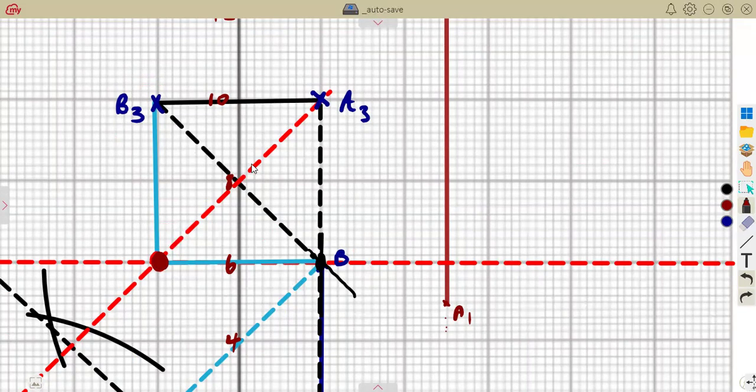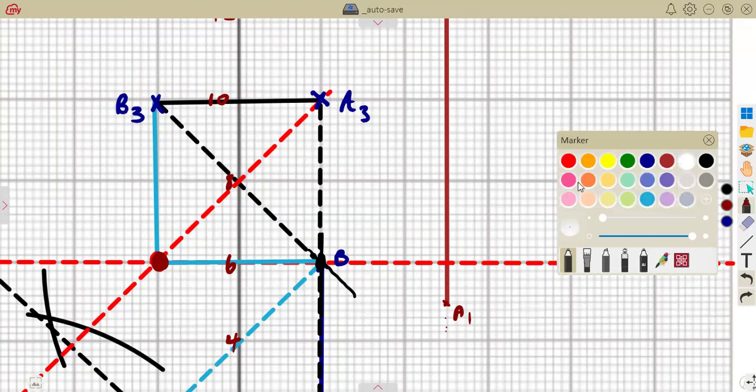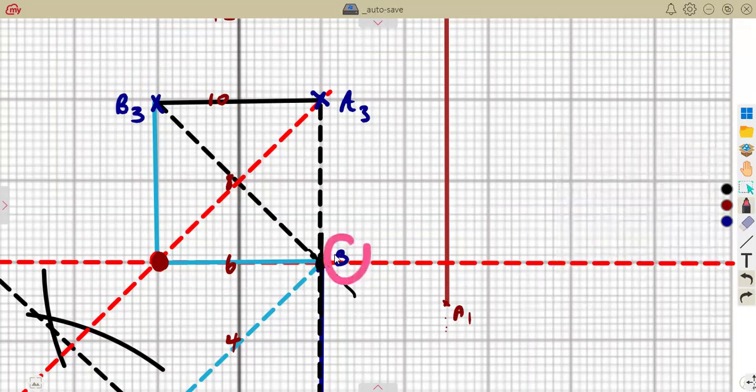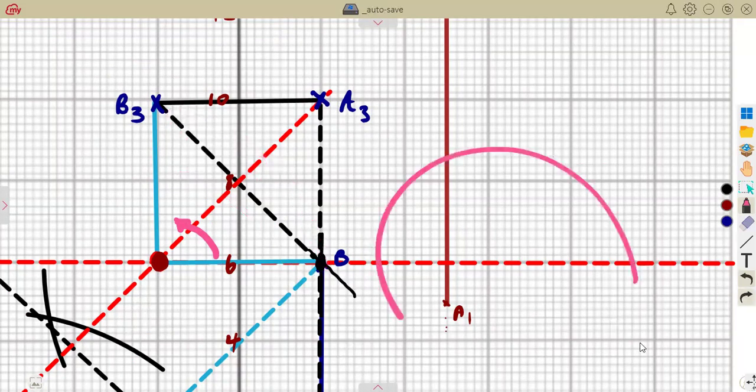That's 90 degrees. But the direction now, as we are moving from B to B3, which direction are you considering? We are moving this way, from B to B3. This is the direction. Anti-clockwise.